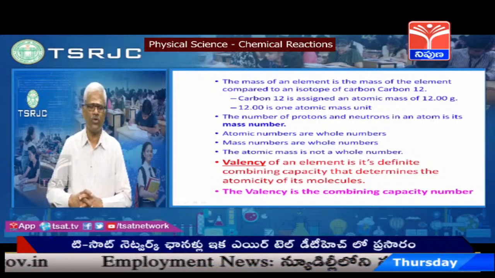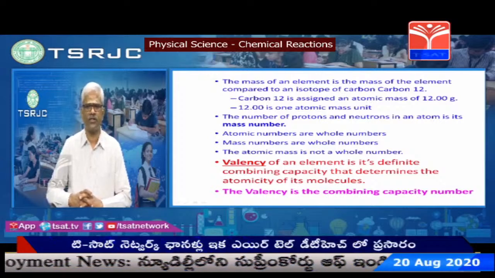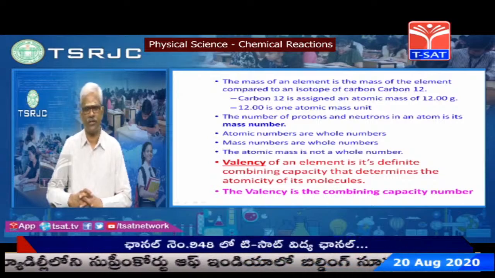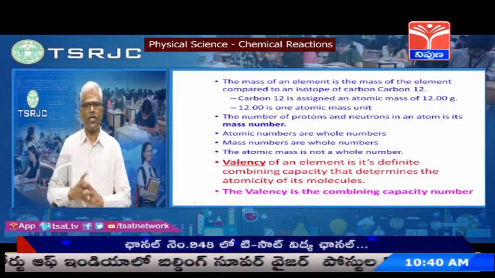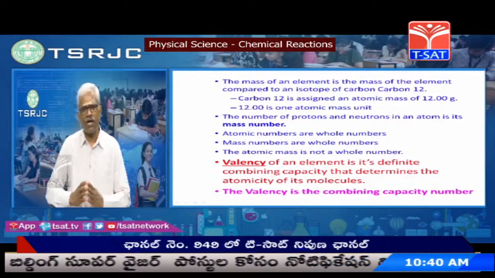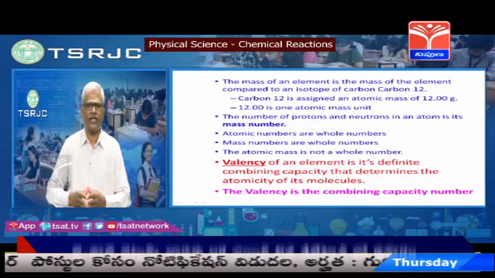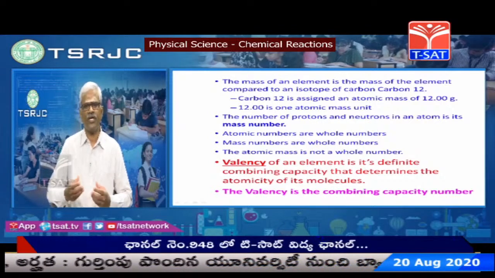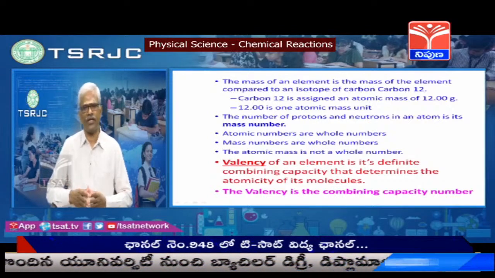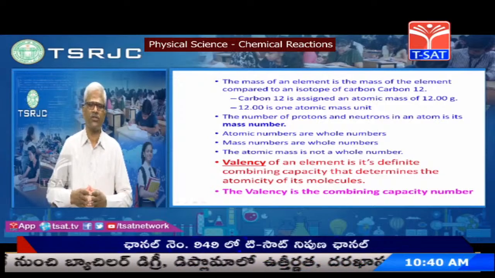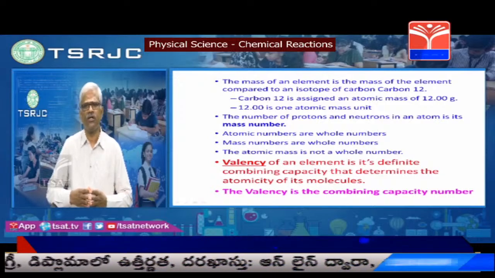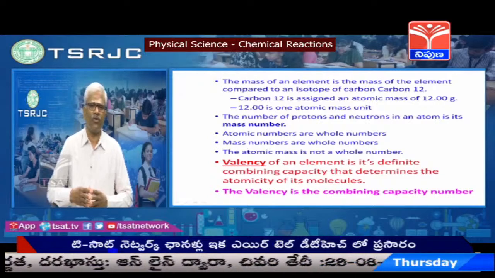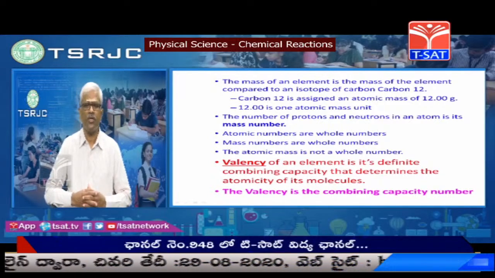If you add more salt to any dish, it will not be tasty. So, the salt required to make a dish very tasty is a fixed amount. For different dishes, it will vary. So, atomicity also in the same way will change from one atom to another atom.